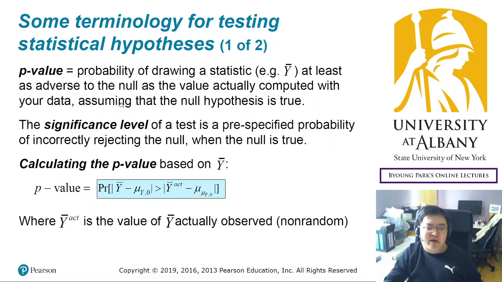Let me talk about this. So suppose that there is a coin, and I believe that the coin is fair. Suppose that there is a coin which I believe is fair, but it may be unfair.